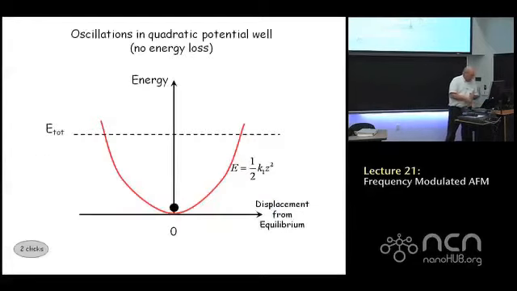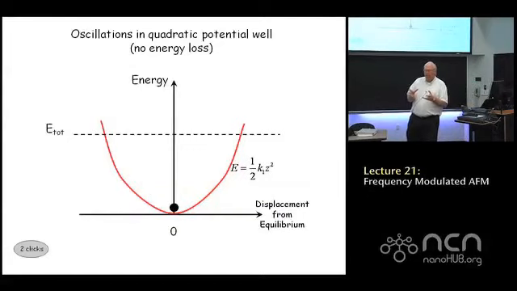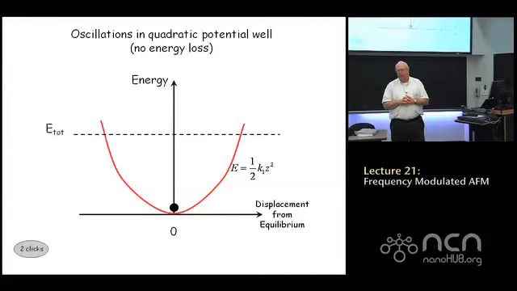I thought what we would do is we would start with some real simple problems. And with all apologies to the mechanical engineers in the audience who probably understand this oscillation business very well, I thought I'd still go over it and review it because there's a lot of students in the audience who haven't studied this oscillation frequency and thought about it in any great detail, maybe since you took your introductory course in mechanics.